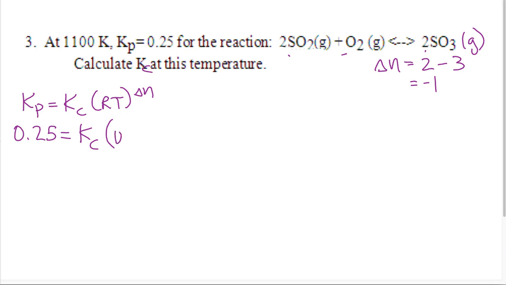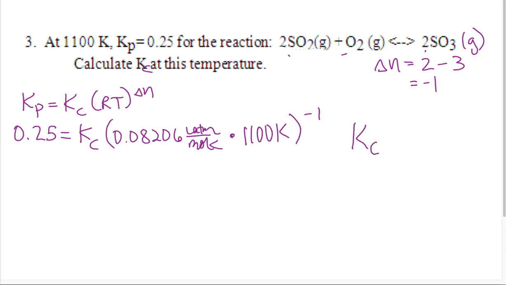R is my universal gas constant. What is my temperature in the problem? 1100 Kelvin, another K, raised to the negative 1. So my KC then, to 2 sig figs, is equal to what?